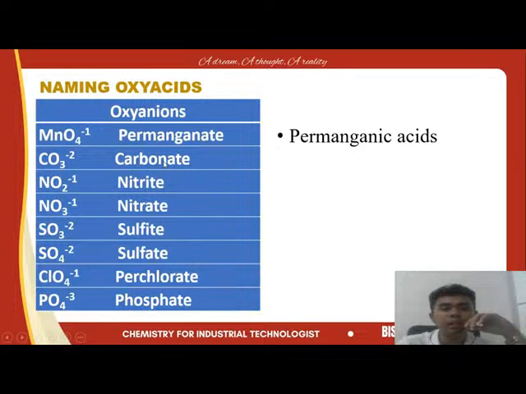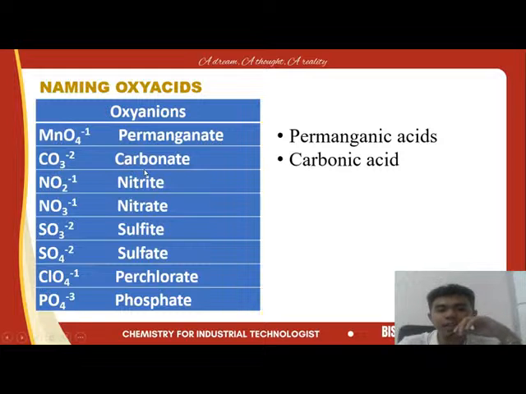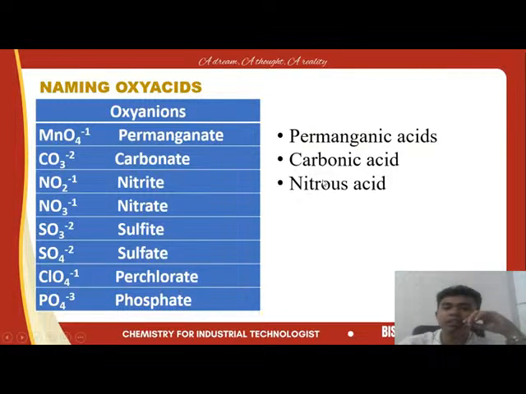How about this one, carbonate? What's our answer? How do we name it as an acid? It will become carbonic acid. This one, nitrite, ends with ITE. It's called, very good, nitrous acid.